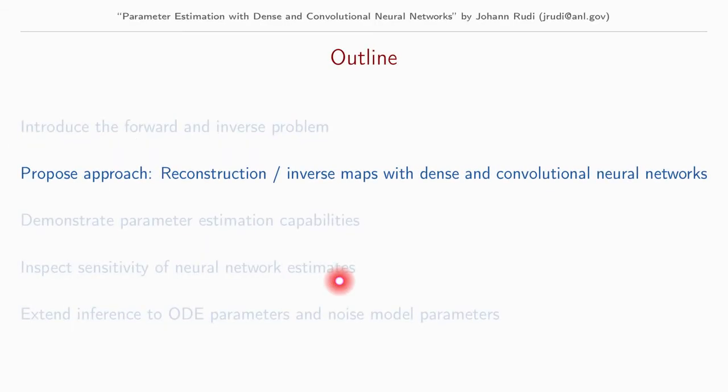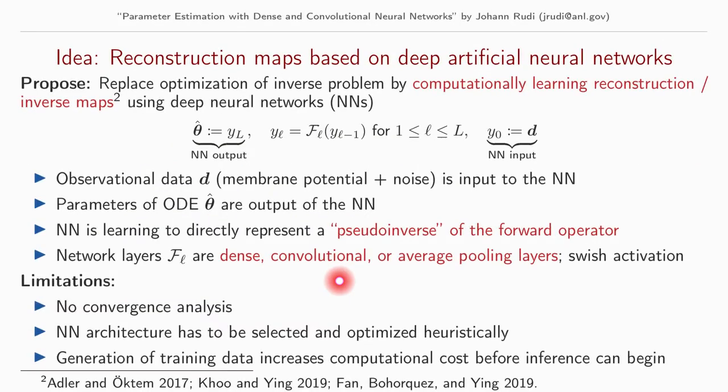Okay. Now, gradient-based methods would fail without very strong assumptions on where we start as an initial guess, given this cost function. Now we try to do a quite different approach. We replace the whole optimization coming from the map estimate, and instead we want to computationally learn reconstruction and inverse maps.